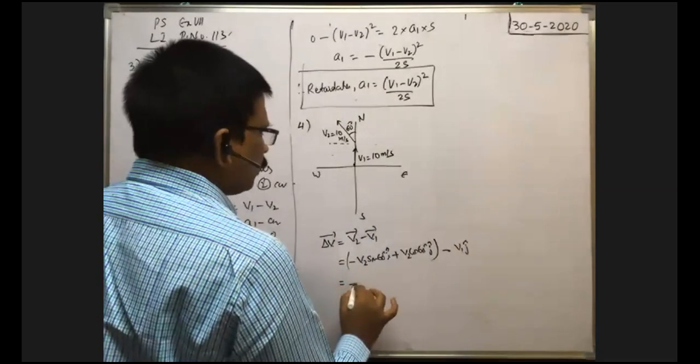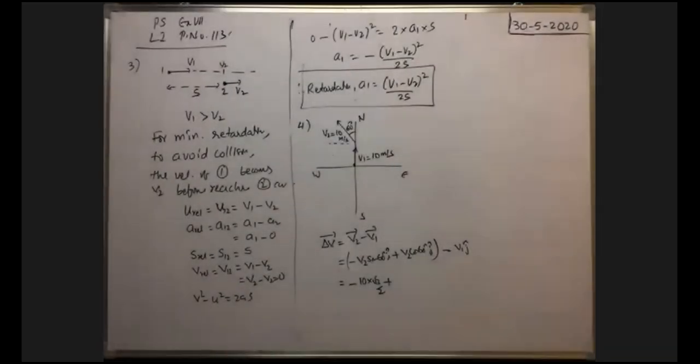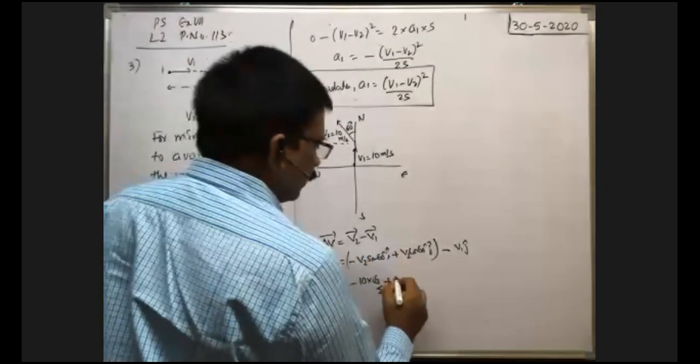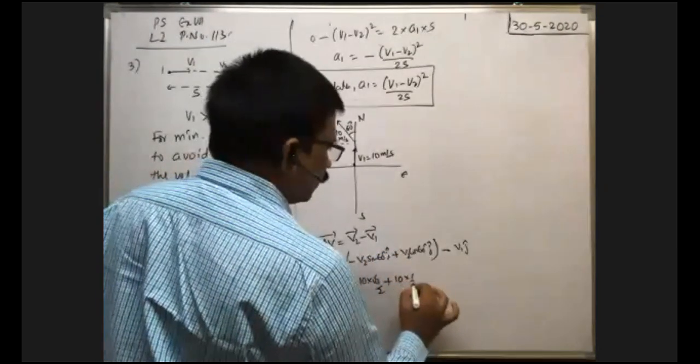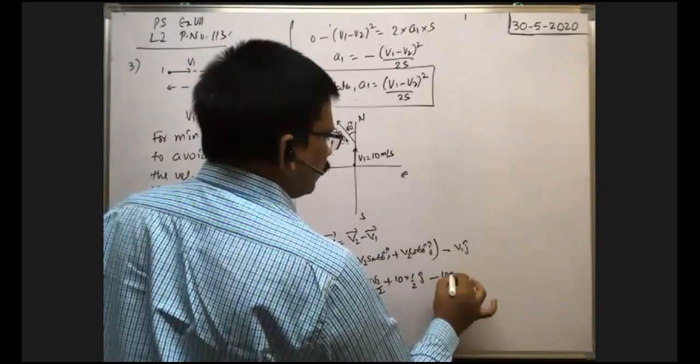Minus V2, which means 10, 10 sin 60, root 3 by 2, plus V2, 10 into cos 60, which means 1 by 2, into j cap, minus V1, which means 10 j cap.